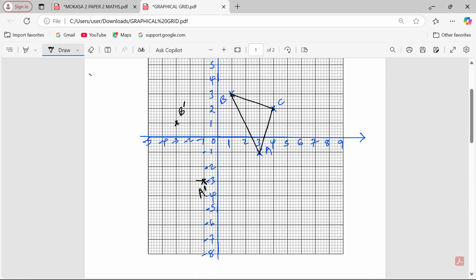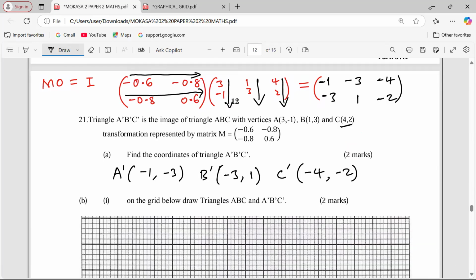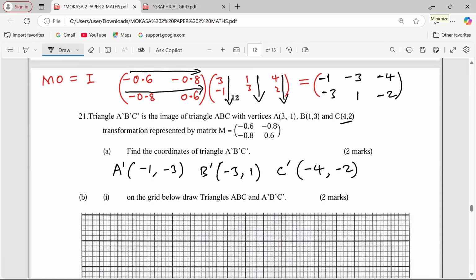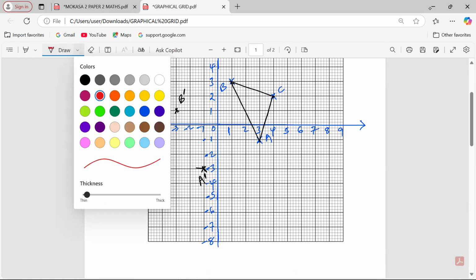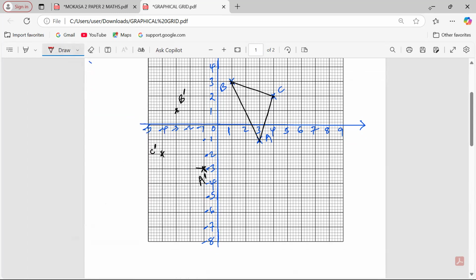Then after that, we can talk about C, which is -4, -2. The coordinate shall be here. So this is C prime. With this now, we can connect them and come up with the second triangle.